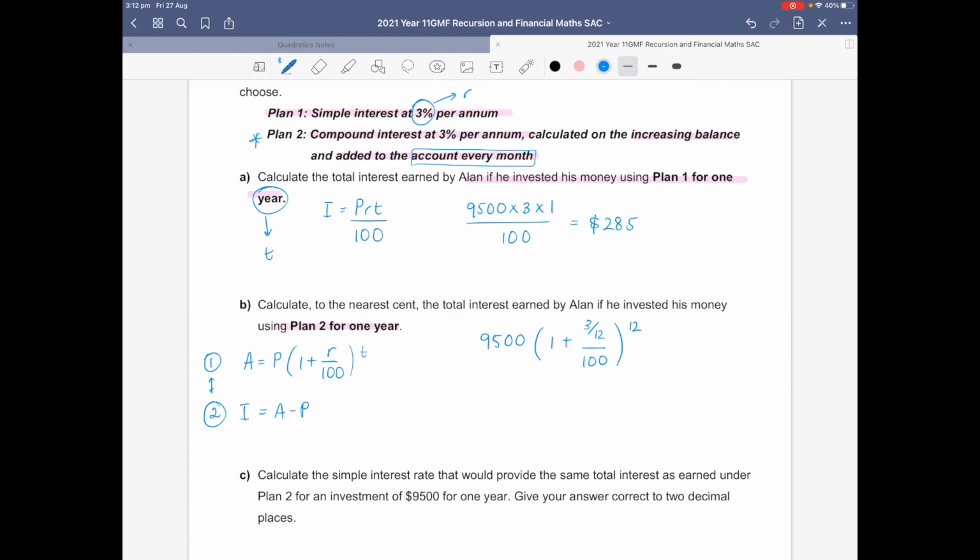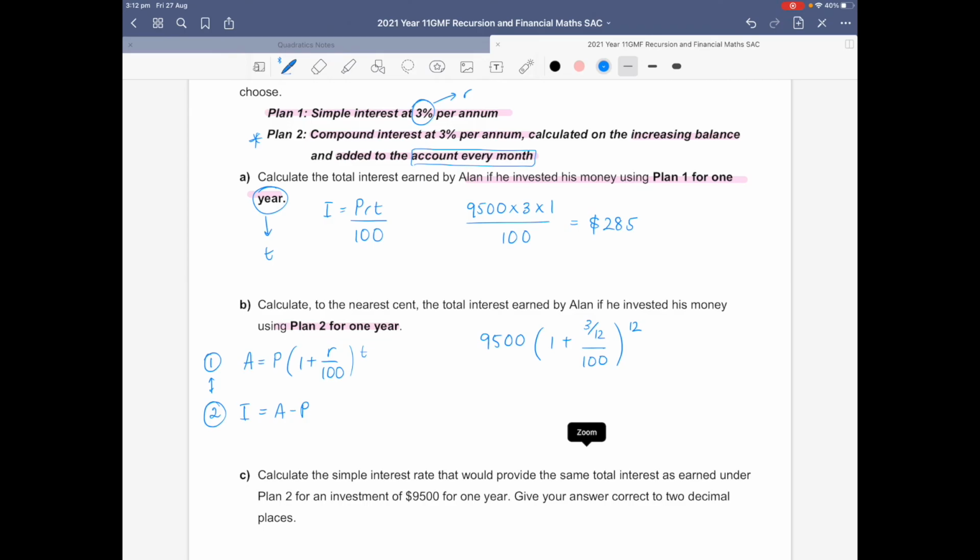So the reason that I've divided the interest rate by 12 is that will give me what the interest rate is per month for Alan's account. Remember that he's earning that on the 9,500, and all I've done here is I've converted the time into the 12 periods, or the 12 months that he will be receiving money for.